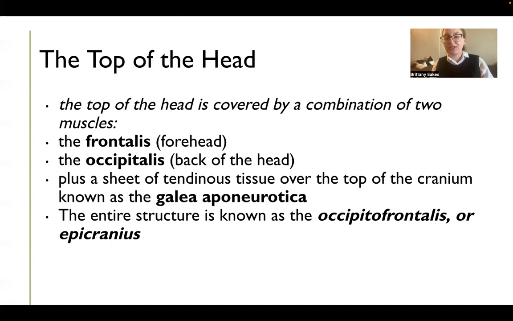And this entire structure is known as the occipitofrontalis. It goes from the occipital bone to the frontal bone, or the epicranius. So the epicranius, epi meaning above and around, cranius, the cranium.